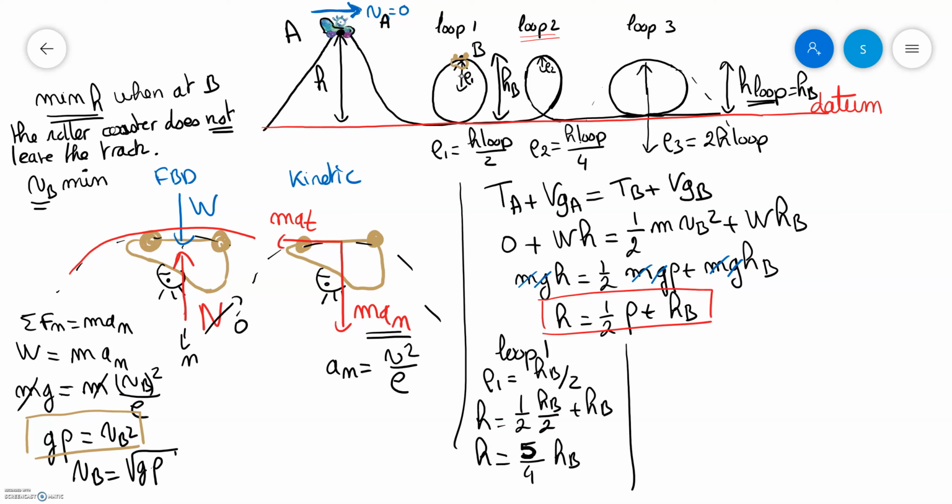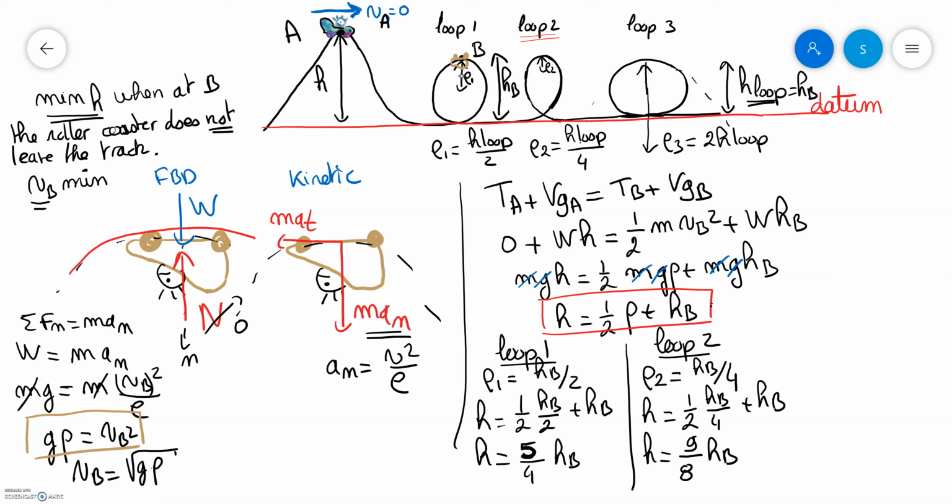Second scenario, loop 2. Rho 2 is equal to HB divided by 4. So I use this formula, H equals 1/2 of rho, and rho is HB divided by 4, plus HB. So this one is 1/8, so H is equal to 9 divided by 8 HB.